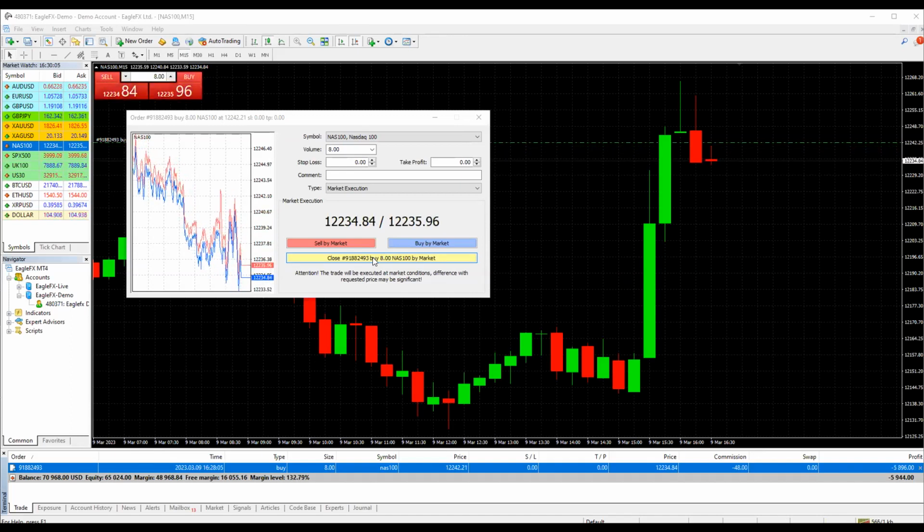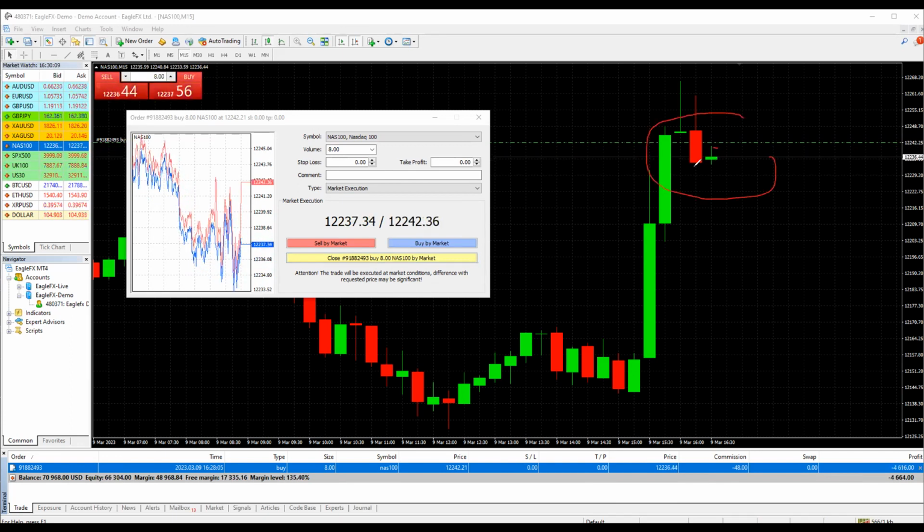So now let's see which way price is going to go. We're going to focus on this candle here. The goal is to get at least 3K profit off of this.